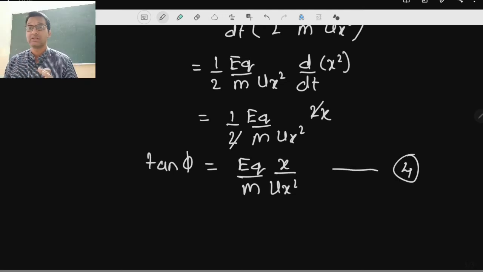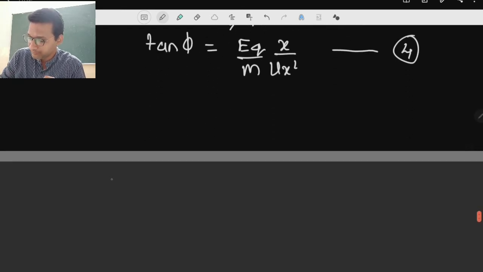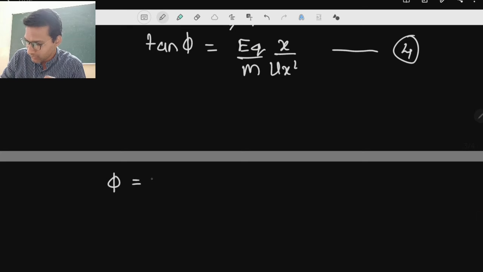Now this tan will be for the angle at any instance in the electric field when the particle is in between the plates. But once it leaves the field, the angle will become constant. Let us call it theta. It will not change after it has left the field, and x will become L, the length of the plates.